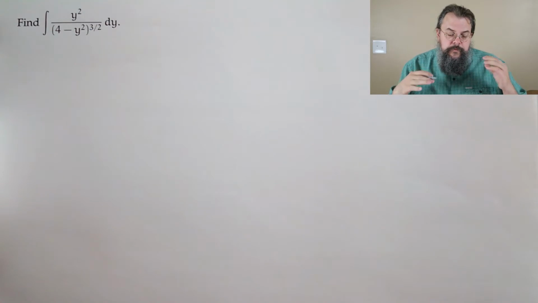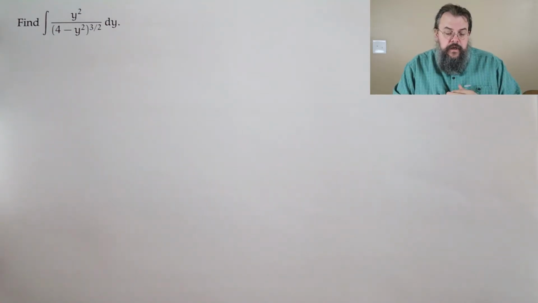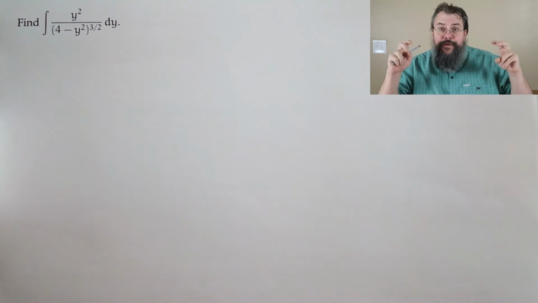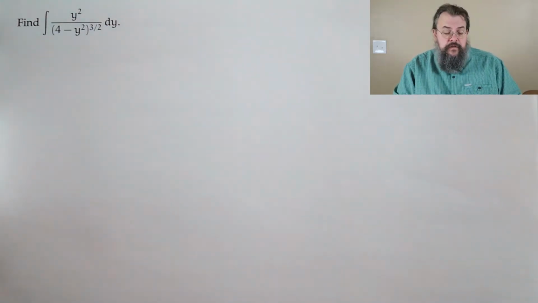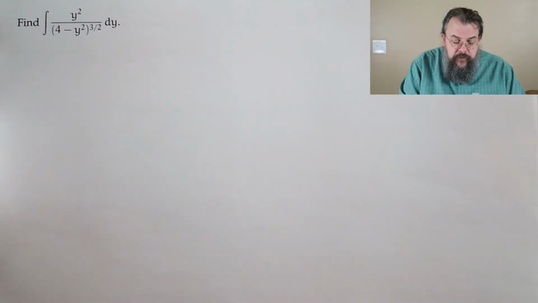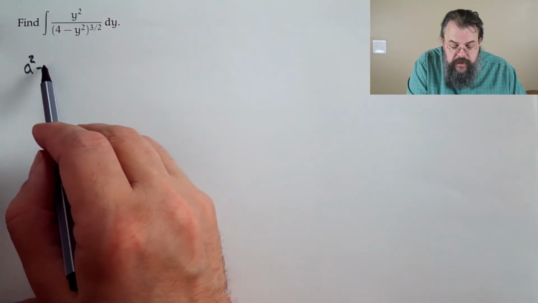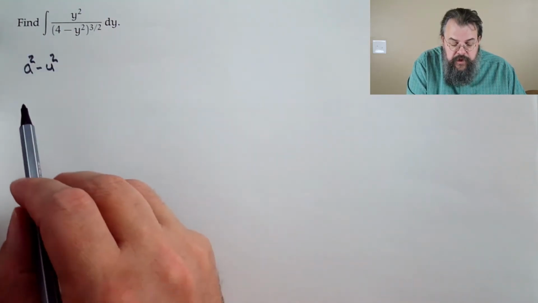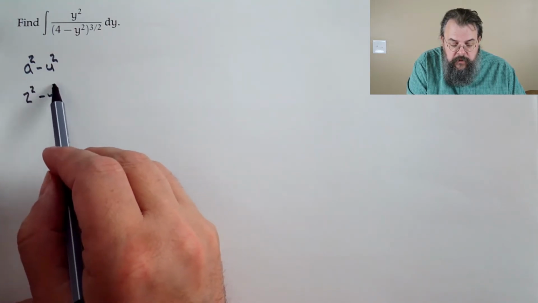Now, we don't see an easy substitution, at least I don't see one. And I do see there's a square root involved, because that's what that 3/2 in the power means. And so we say, okay, it's of the form a squared minus u squared. In particular, it's 2 squared minus y squared.